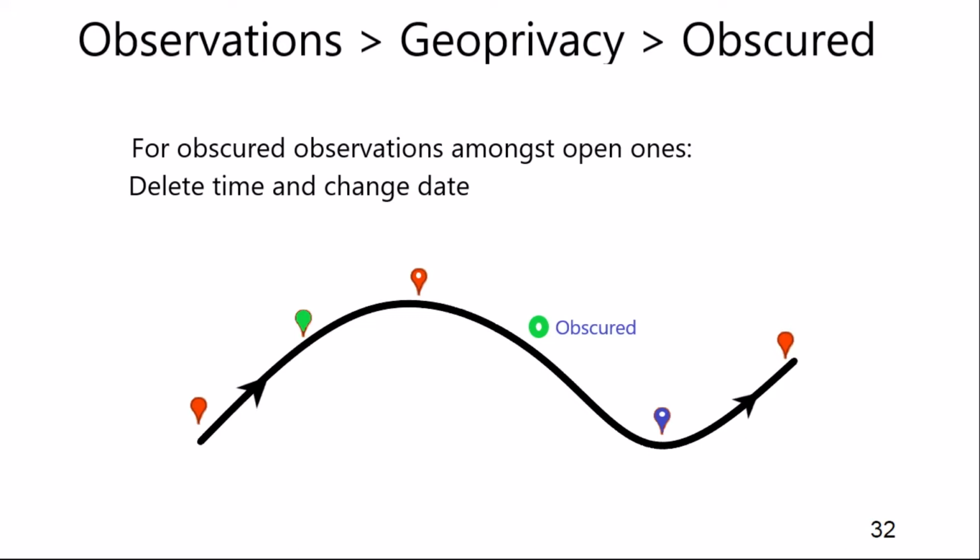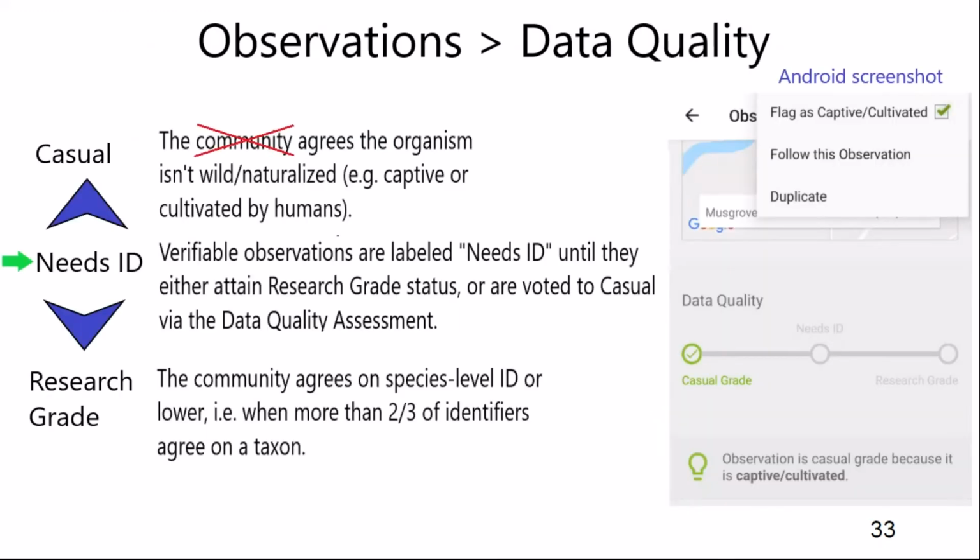You know, they're going to see this blue one and this red one, and they're going to be able to figure out, oh, okay, the obscured one was somewhere between there. But if you delete the time so they don't have any frame of reference, and maybe change the date to a day or two before, it makes it a little tougher for the poachers to figure out what you're doing.